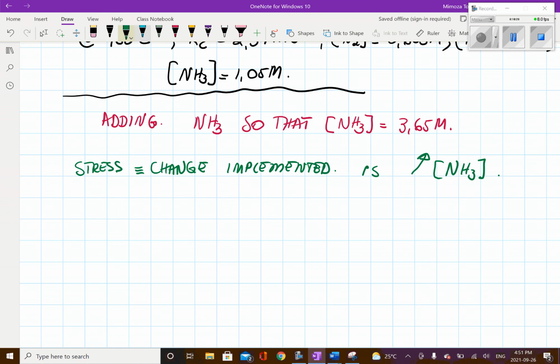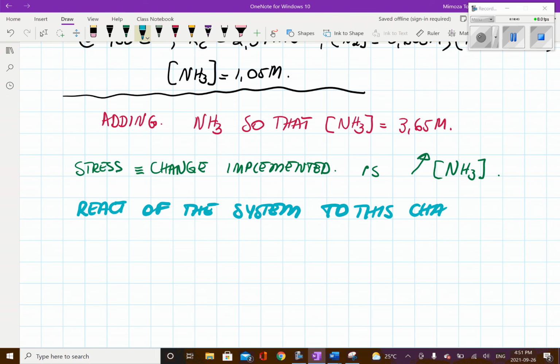The reaction of the system to this change will be what? It will be to decrease it.